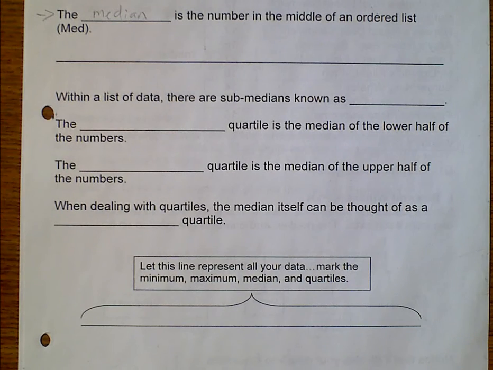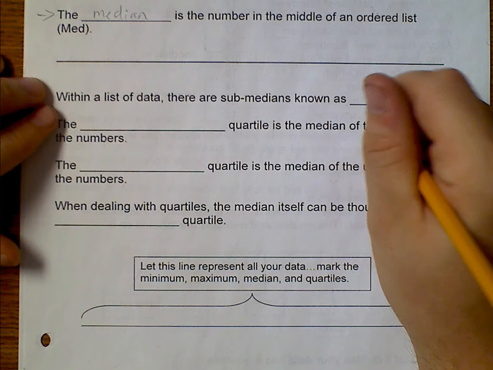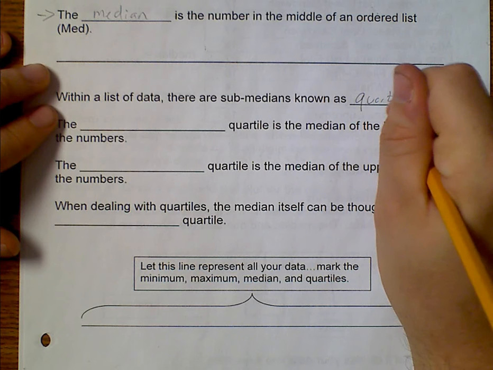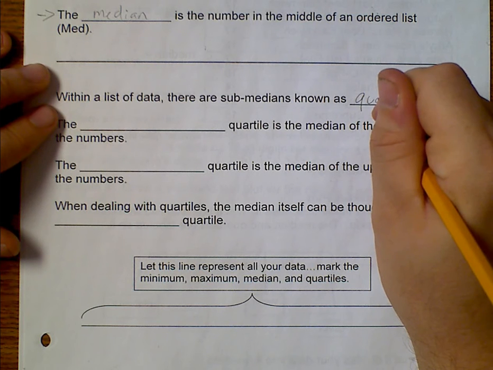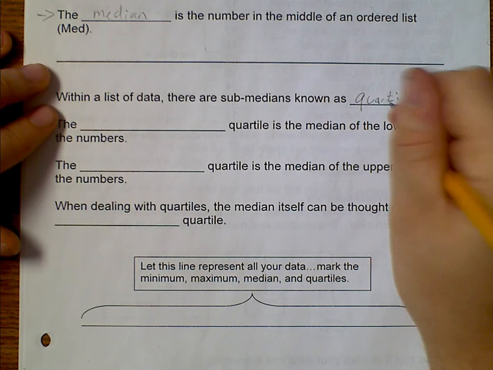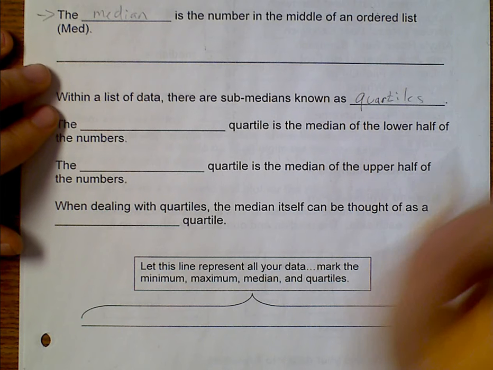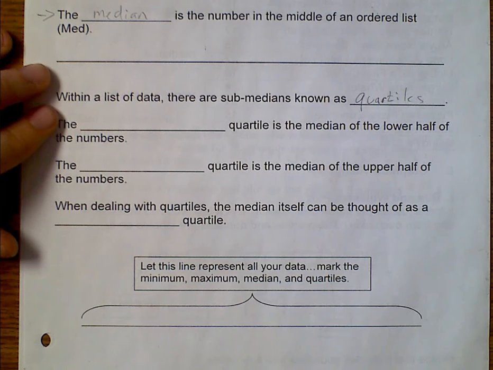Within a list of data, there are submedians known as quartiles. Basically that's because it breaks the data into quarters.